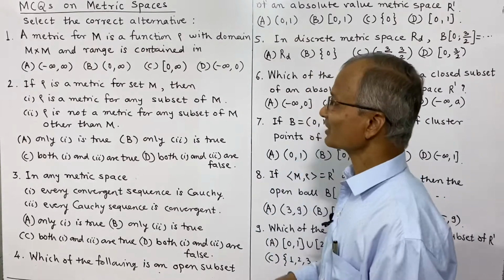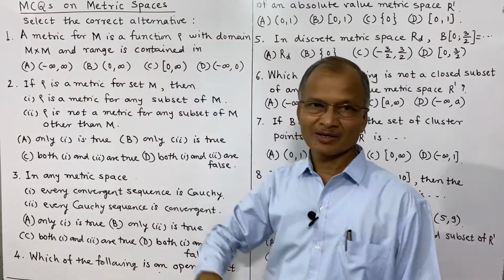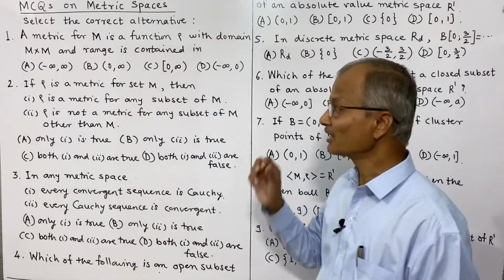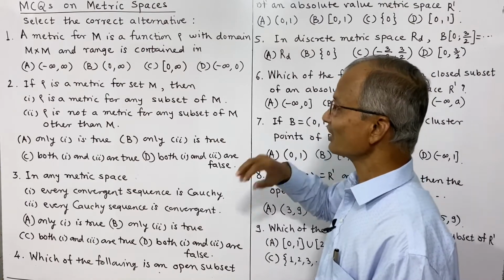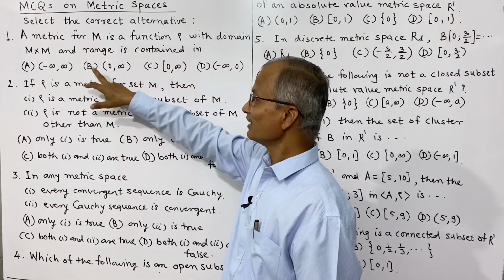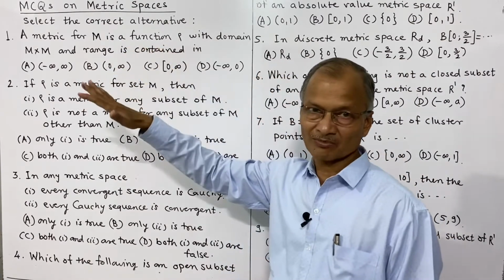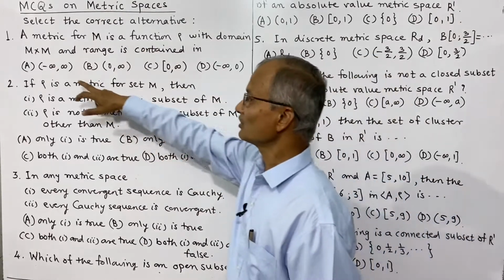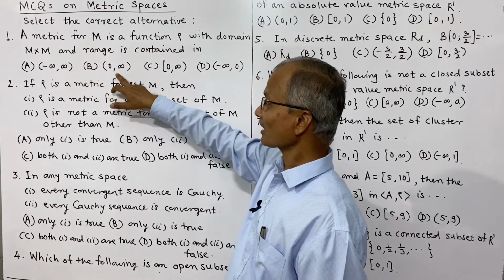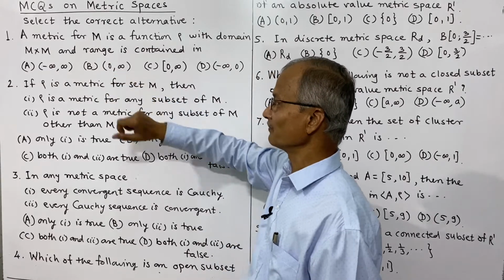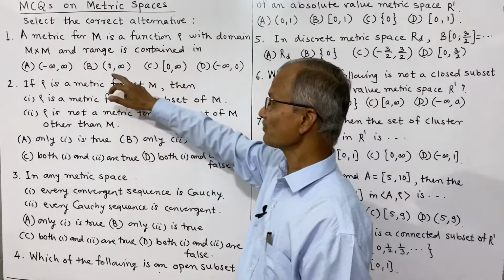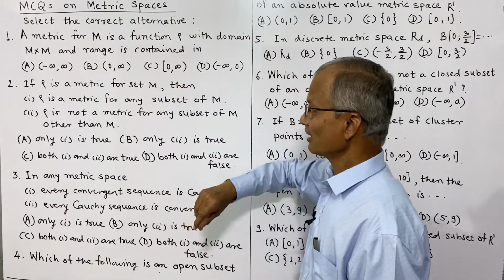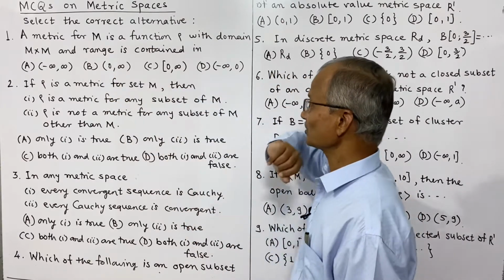So its range must be contained in the non-negative real number set. It may be 0, but it must not be negative. So this is not the choice. B is 0 to infinity, so 0 is not included in this, and this will not be a choice either.